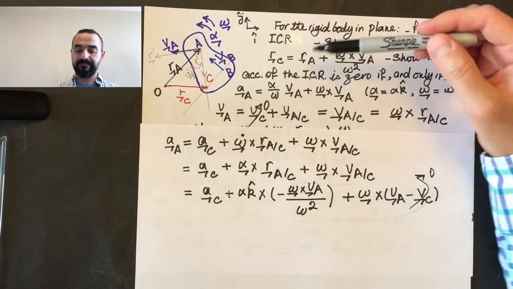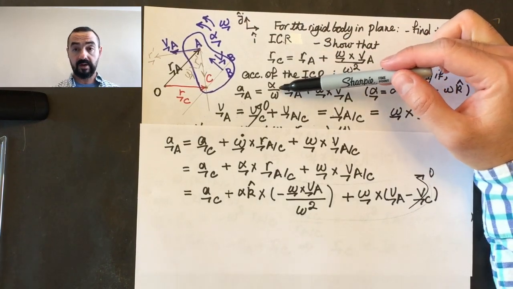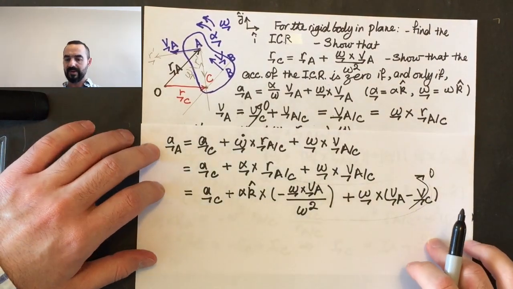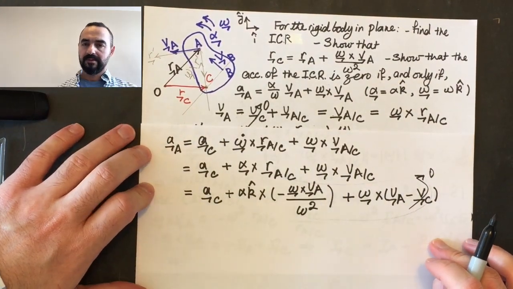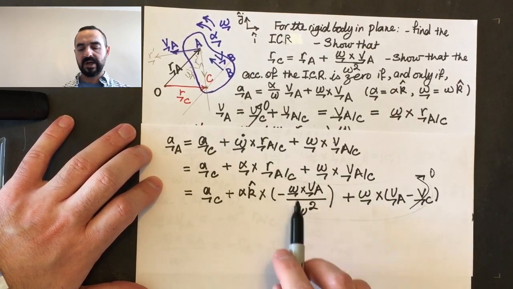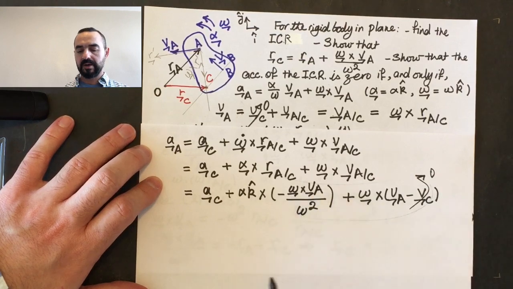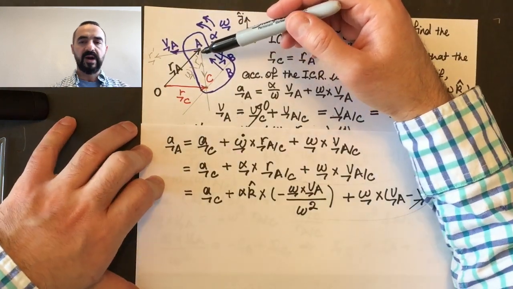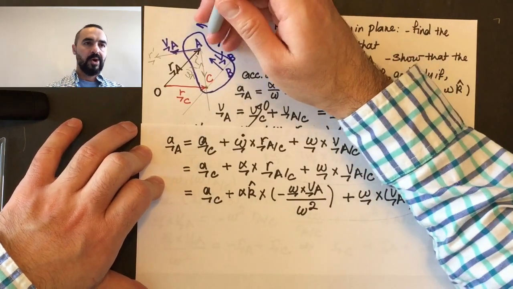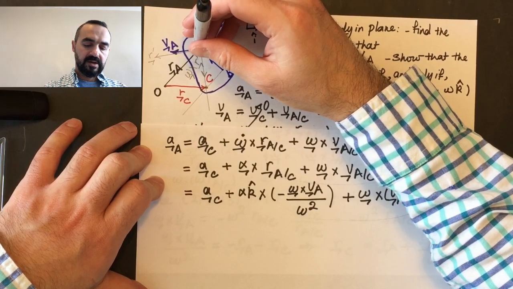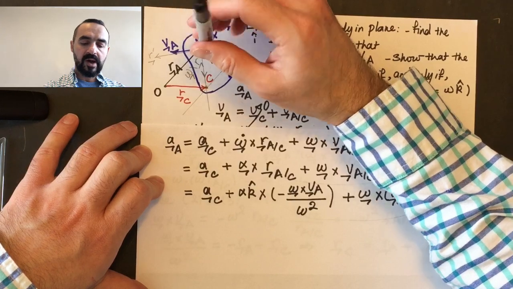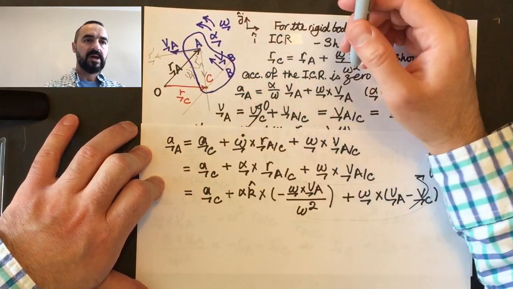Okay, so this one we have already found: omega cross V A. Now the question is, why do we have alpha over omega V A? In other words, how can we simplify omega cross V A? If you go back to this figure, again, omega points out of the plane, and then omega cross V A is what?